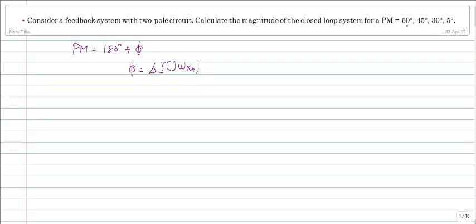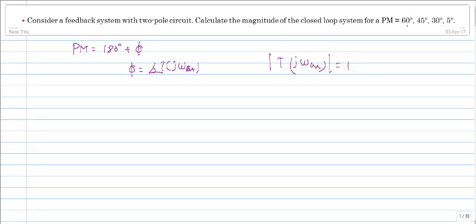So what is this omega gx basically? Omega gx is the gain crossover frequency. It is the frequency at which the loop gain magnitude becomes 1.